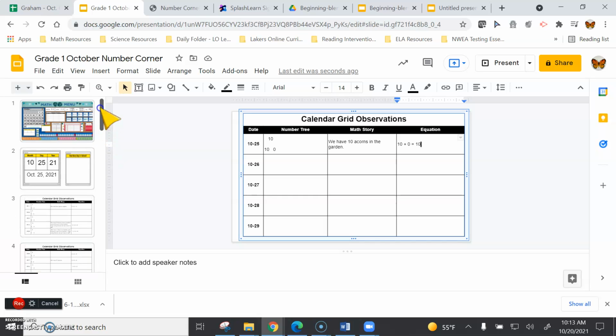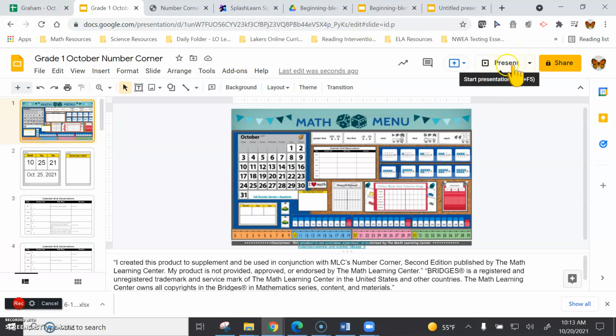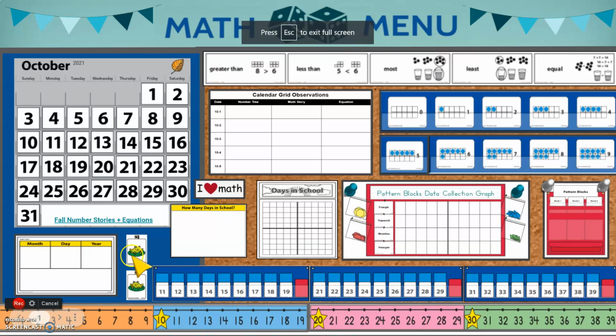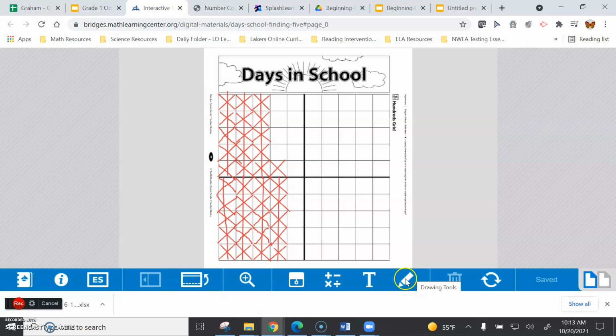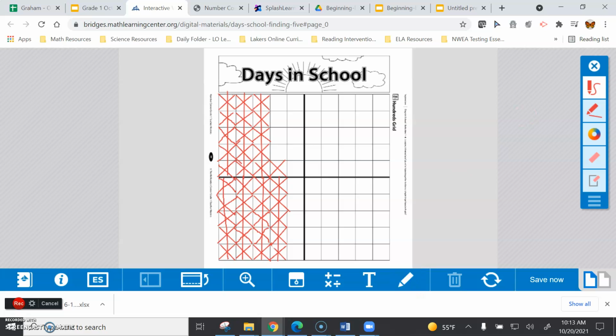Let's go back up to our number corner area and add another day in school. Wow, we're adding on another day, which makes it now 37 days in school.